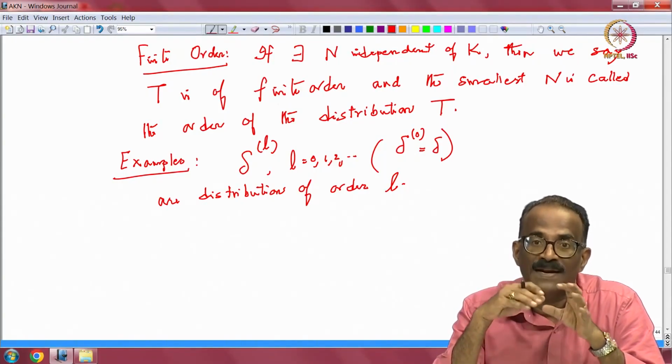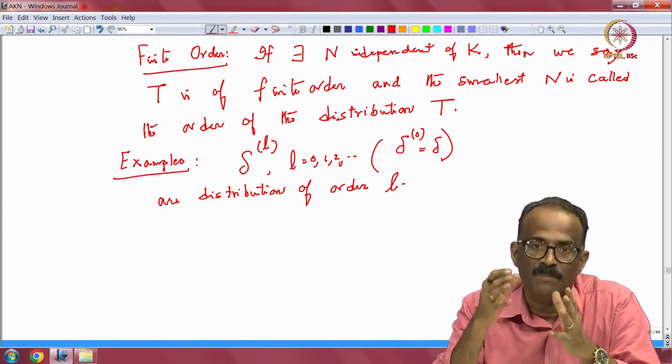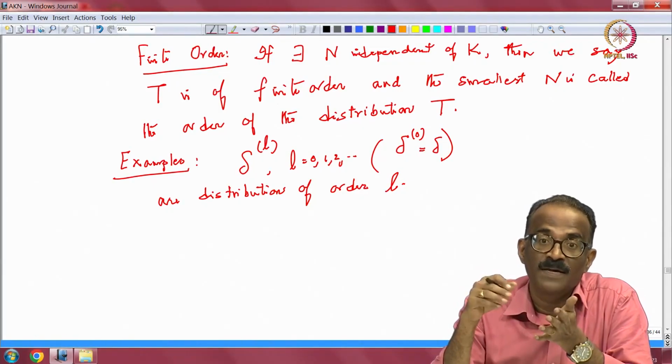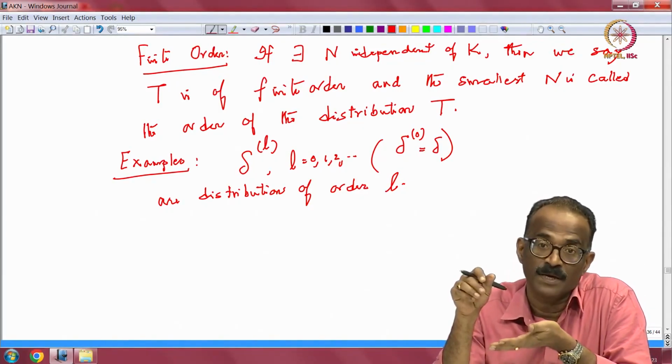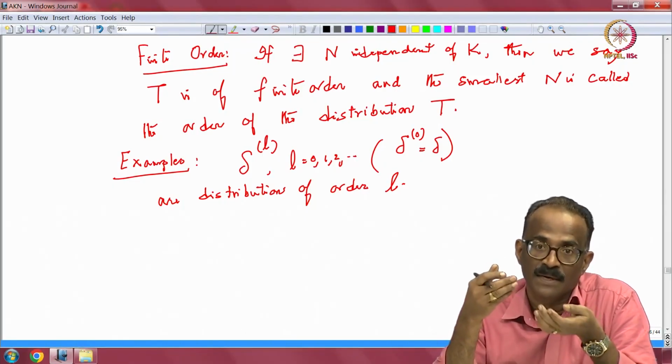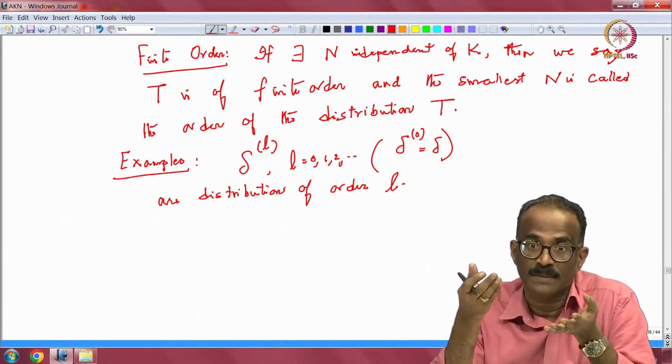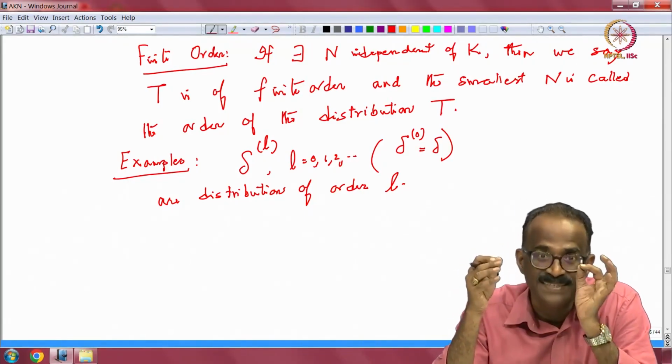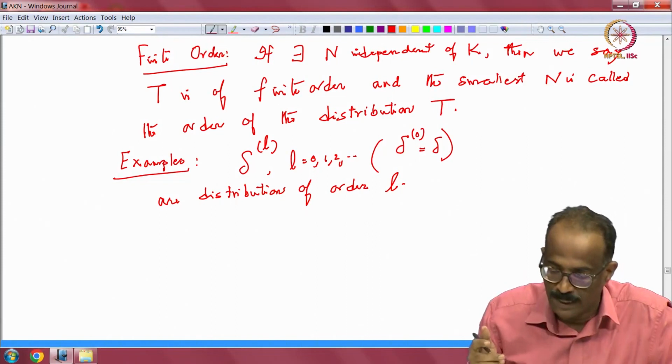But when you go to delta_L, it is modulus of the L-th derivative of phi, so the estimate is a supremum estimate of the L-th derivative of phi. That is why these are precisely the distributions of order L.